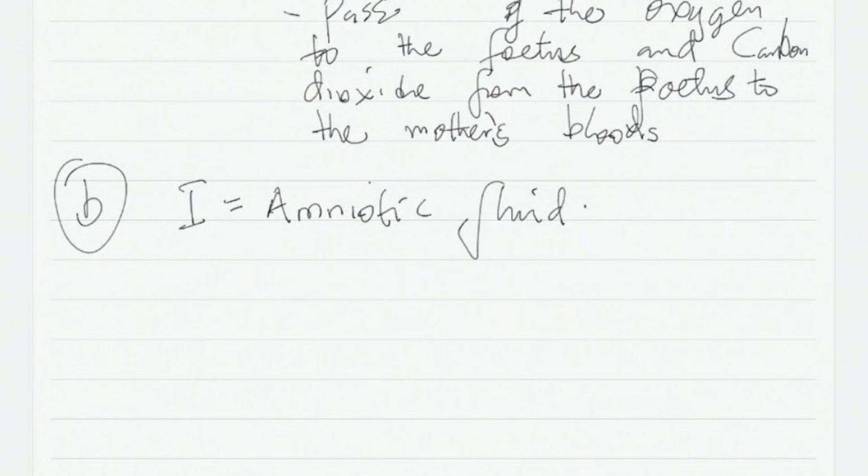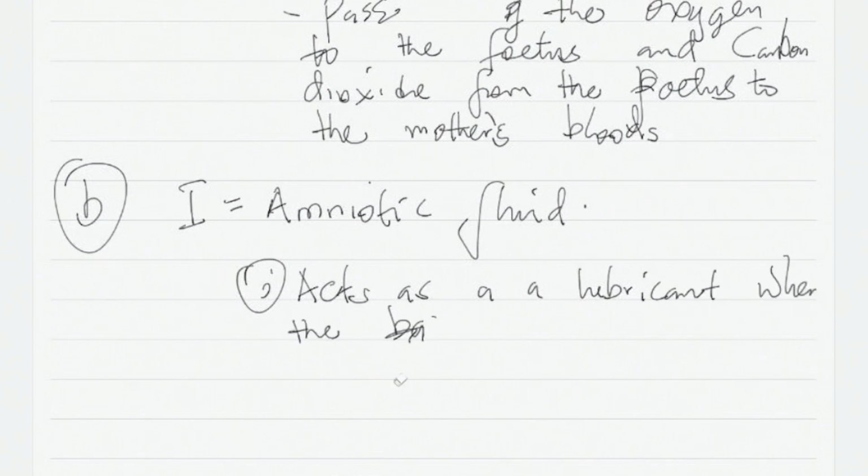Now I'm going to give a variety of answers so that you can choose from. One, we can say it acts as a lubricant when the fetus is turning in the uterus.